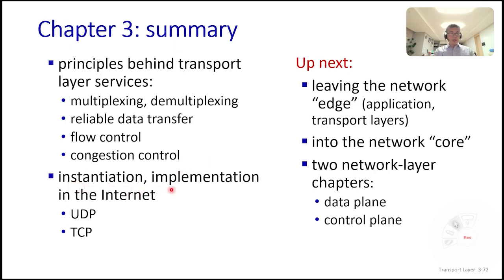In the internet, UDP and TCP are popularly used, but nowadays QUIC is popularly used by Google. Up next, leaving the network edge, application and transport layer, into the network core: two network layer chapters, the data plane and the control plane, will be studied.